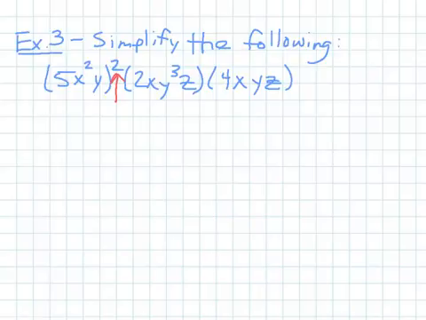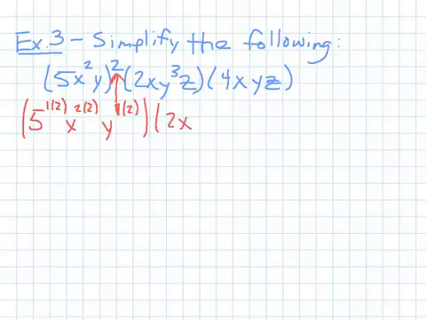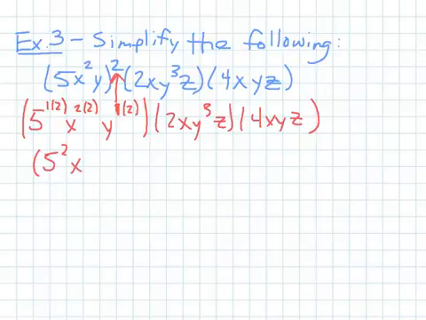So then that means that I'm going to take 5 to the 1 times 2 power, x to the 2 times 2 power, and y to the 1 times 2 power. Okay? Now I want to simplify those, so 5 squared, x to the 4th, and y squared.